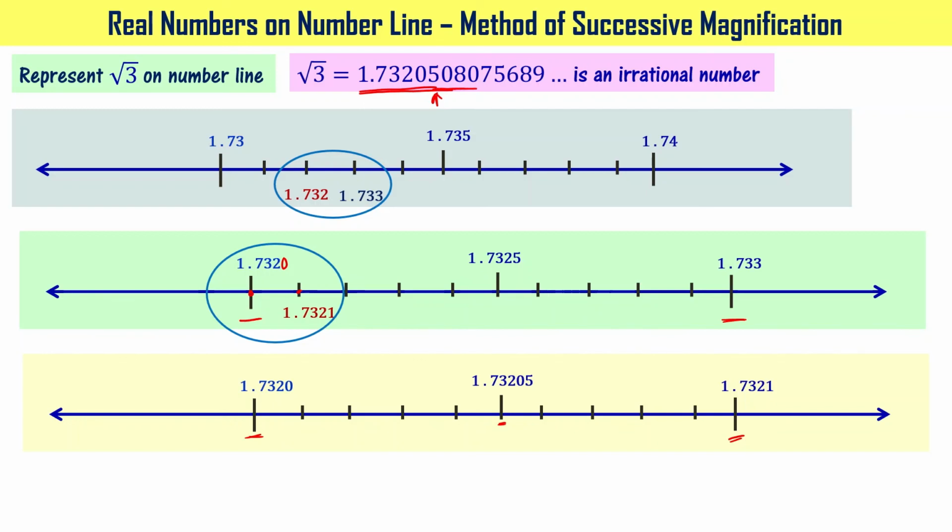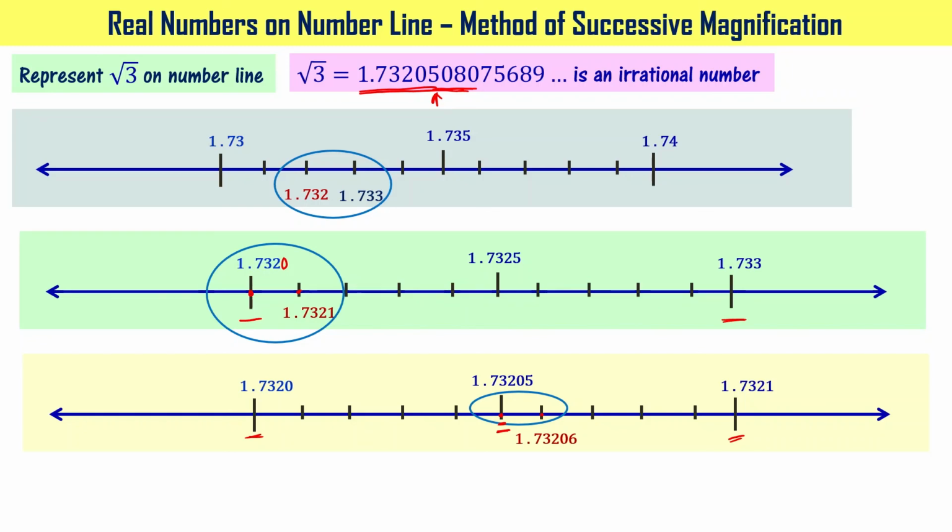It is going as 1.73200508. It means it is greater than this particular number and smaller than 1.73206, right? To represent root 3, we have to zoom this particular regime further, or we have to magnify this particular part of the number line, right? Even if you do that, it is not going to end. So one has to continue like this.